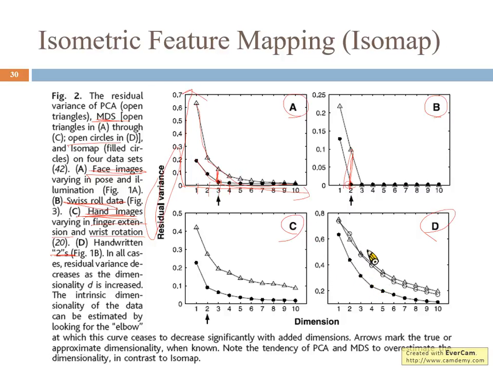And according to the curve, we can determine the number of dimensions we want to reduce to. For example, here it's obvious that we will select dimension 2. And for figure A, we will select dimension 3.